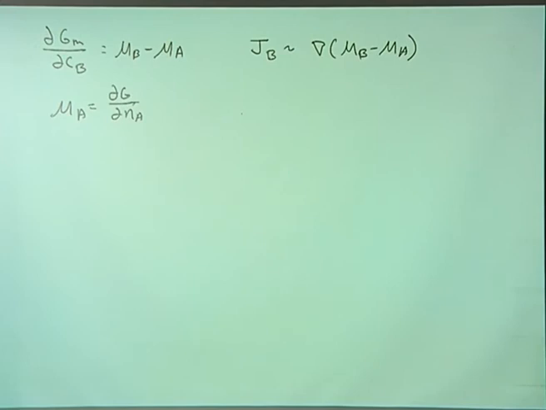So the flux of B is related to gradients in the difference in chemical potentials, and this is sometimes called a diffusion potential. In this reference frame where J_A is always equal to minus J_B, the flux you see in the system is related to the difference in chemical potentials. It all sits together.